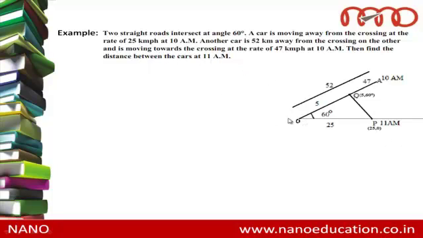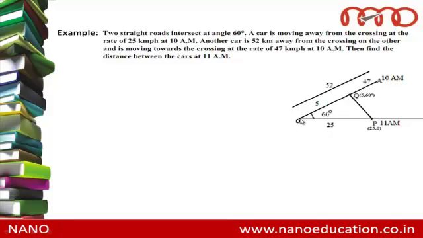So if you understand the question, one car is at O and is moving away from O, and another car is at A and is moving towards O on this line. Now in the initial stage, at 10 am, one car is 52 kilometers away from the origin and another is at the origin.